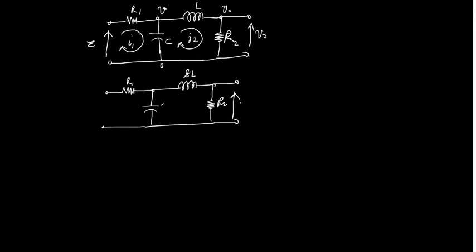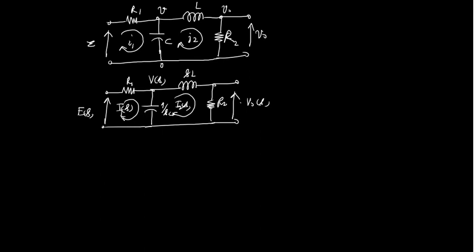This will become 1 by SC, and the output will become VOS. Input will become ES. The current which is going to flow in the circuit is I1S. This is I2S. Okay, and this voltage will become VS.